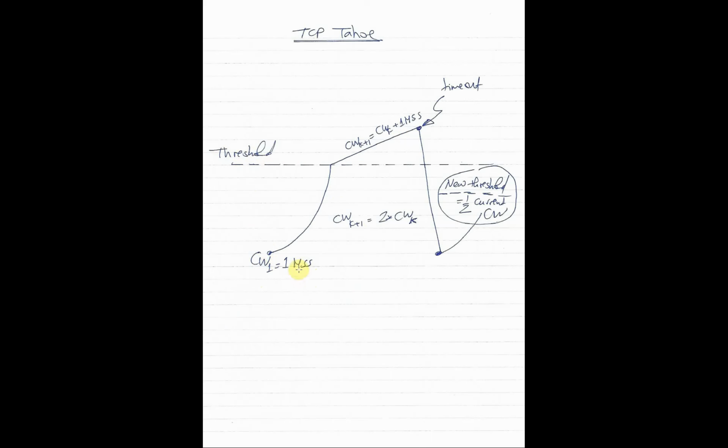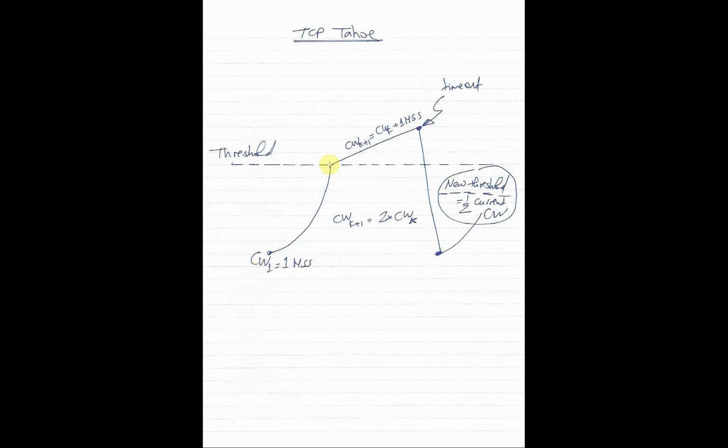And then if I send the segment, I get the acknowledgement without timing out, the next congestion window becomes 2 kilobytes. So I will send 2 kilobytes in form of 2 segments. If they are successful and I get the acknowledgements without timing out, the next congestion window becomes 4, and then 8, and then 16, and then 32, and then 64 kilobytes.